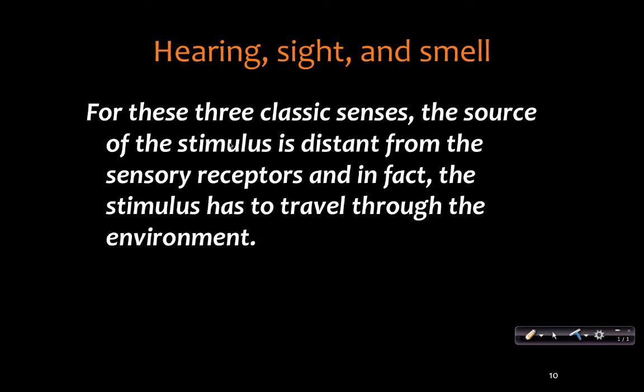For these latter senses, so excluding touch and taste, if we think about the remaining ones, hearing, sight, and smell, the source of the stimulus can be distant from the sensory receptors. And in this context, then, the stimulus has to travel through the environment in order to engage the sensory receptor.